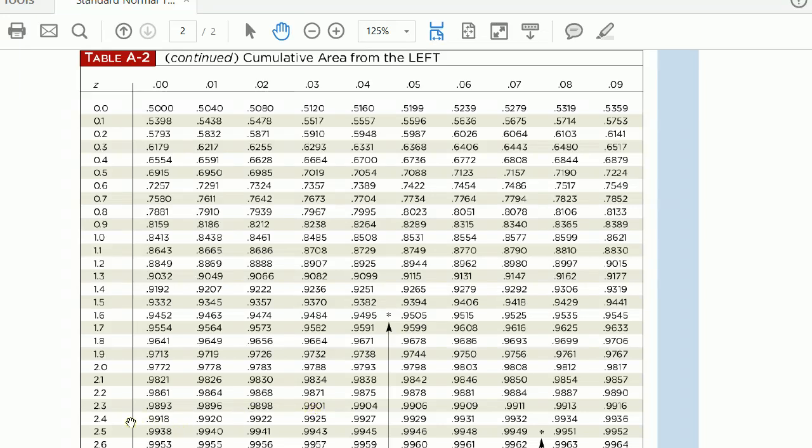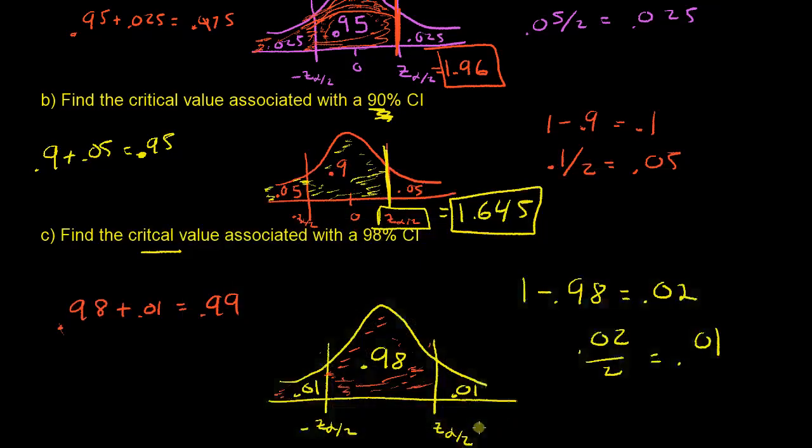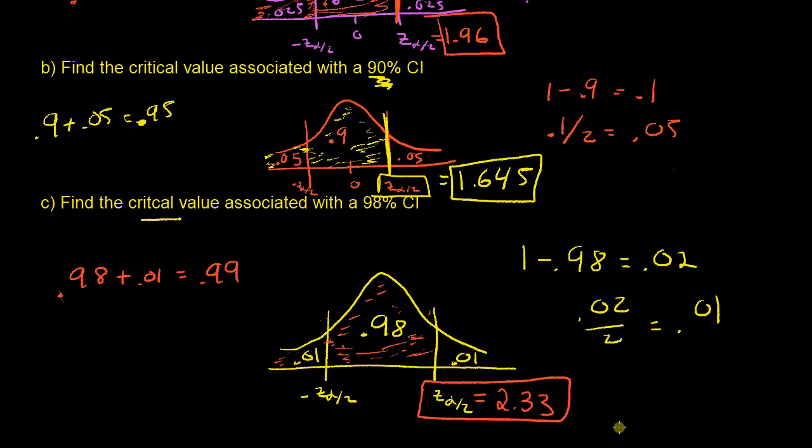So this value is closer, actually. So we're going to go ahead and take that value, the one that's closer. So the z value then will be 2.33. Okay. So the critical value for a 98% confidence interval is 2.33.